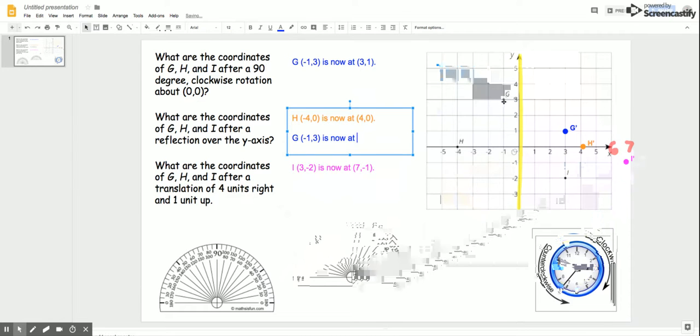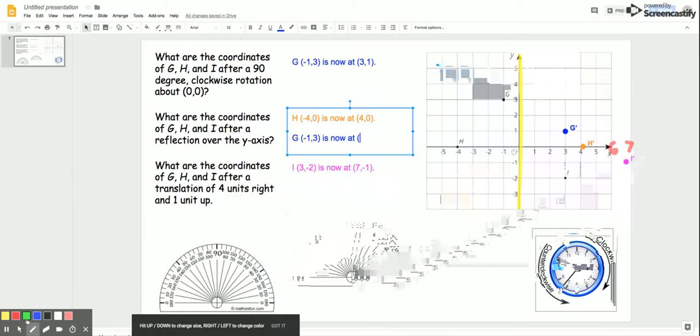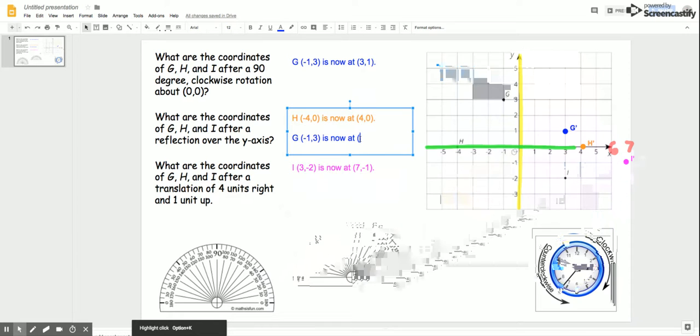So if G is at (-1, 3), and we're reflecting over the x-axis, that is our horizontal axis here, then our x value should stay the same, so that's -1, and our y value should become the opposite. Well, the opposite of +3 is -3. And let's just go ahead and try to see. So that's actually G double prime.